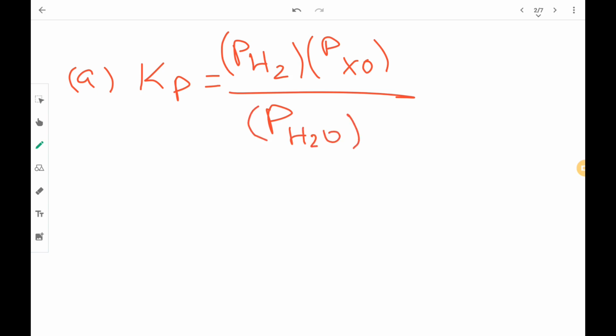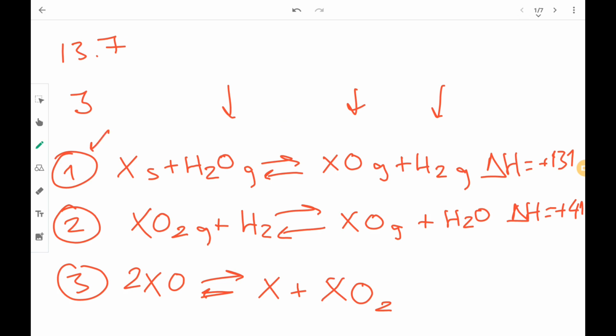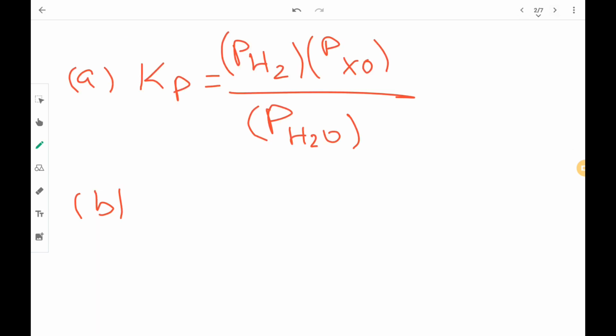That's part A. For part B, they're saying for reaction 1, which is this one, if temperature increases, will the constant Kp increase, decrease, or remain the same? Temperature always favors the endothermic reaction. If it's endothermic, the constant increases; if it's exothermic, it decreases. This reaction is endothermic, so it will increase.